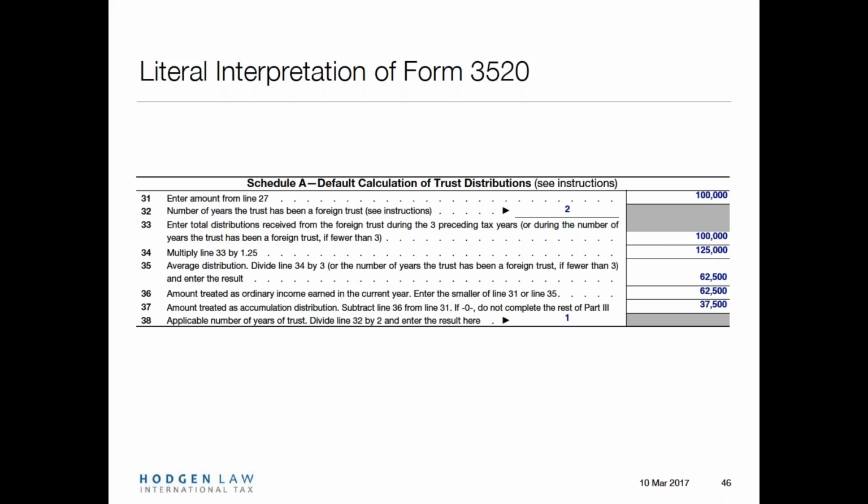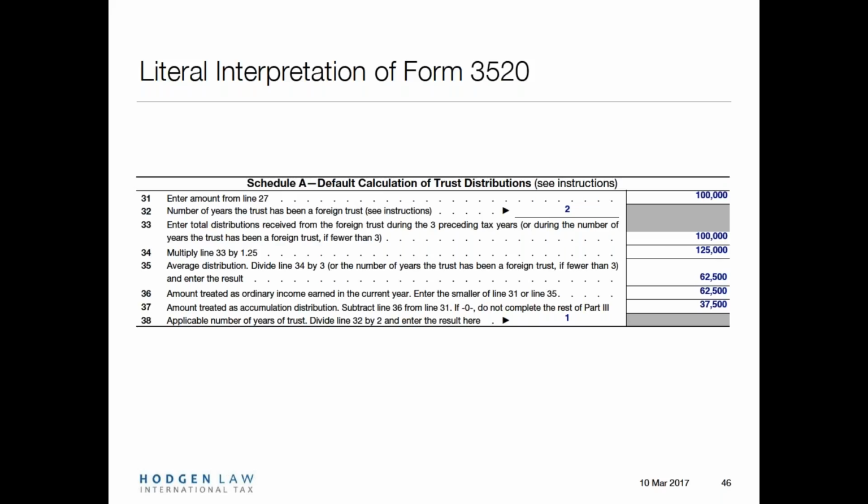Line 34 is math, multiplied by 1.25. Line 35, again, we have this weird parenthetical. Average distribution. Divide line 34 by 3, or the number of years that the trust has been a foreign trust if fewer than 3. Well, we've got 2, remember? And again, we're trying to compute an average based on prior year history, but we're using the existence of the trust in the current year in order to compute the prior year average.